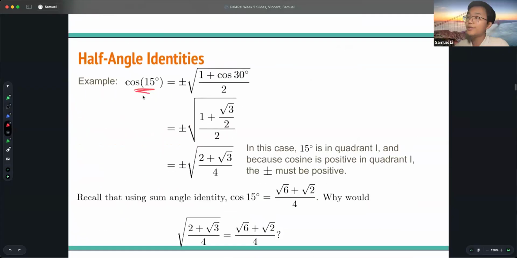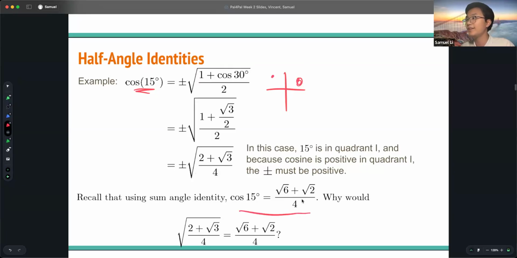Usually you deal with the plus minuses by looking at which quadrant the angle is in. Depending on the quadrant, for instance if we want to find cosine of an angle in this quadrant, then cosine would be negative, but if it's in this quadrant, then cosine would be positive. In this case, cosine 15 is definitely in quadrant 1, so it would be positive.